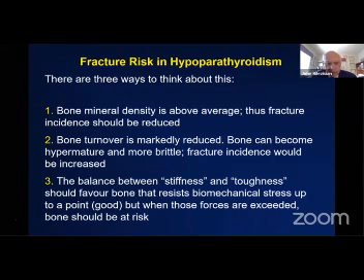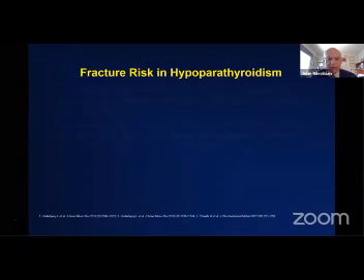And then the last point is that we don't know, because the balance between stiffness and toughness is hard to predict. On the one hand, it might resist biochemical stress up to a point, but then when those forces are exceeded, you could have extremely high risk of fracture.